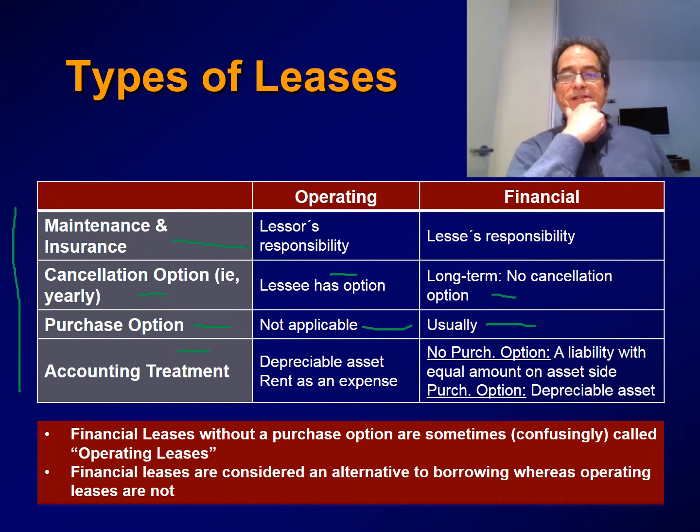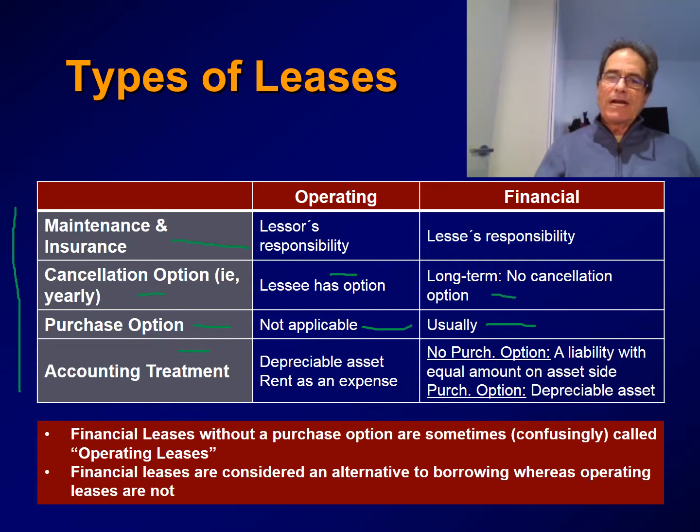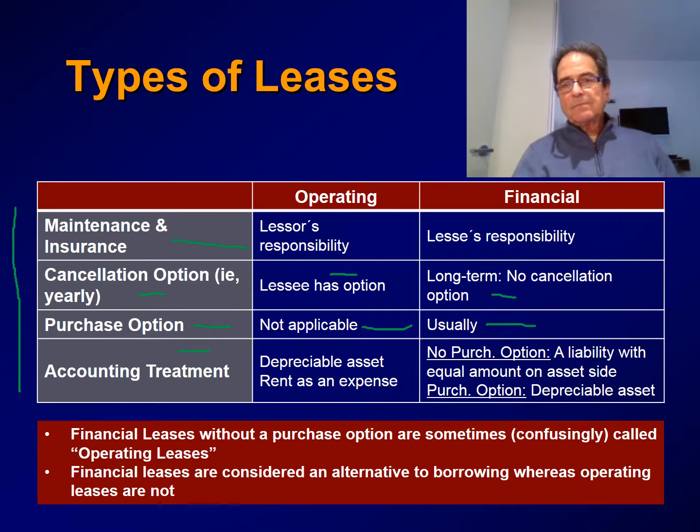Sometimes financial leases without the purchase option are called operating leases. This is very confusing, and we are going to ignore this possibility. So we are going to clearly separate operating from financial leases. Financial leases are considered an alternative to borrowing, whereas operating leases are not.